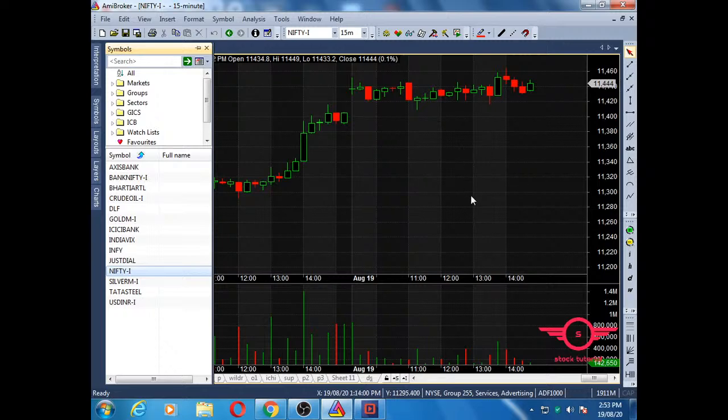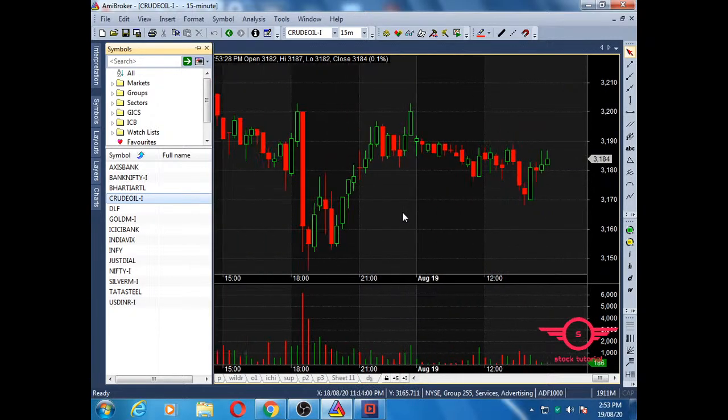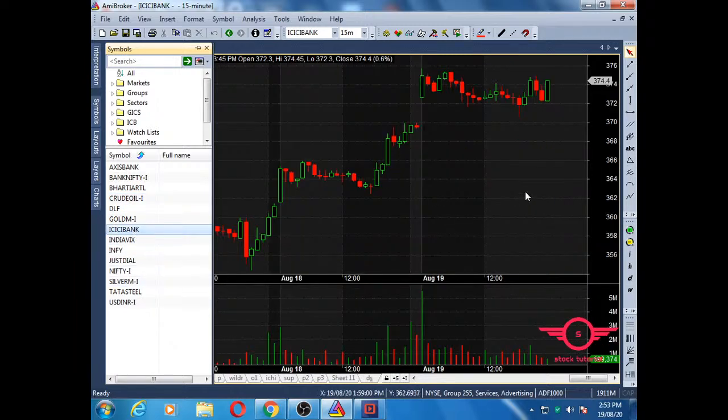Today is not actually a trading day for big traders. Just check crude, this MCX crude. ICICI Bank.